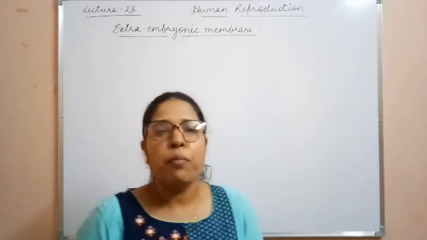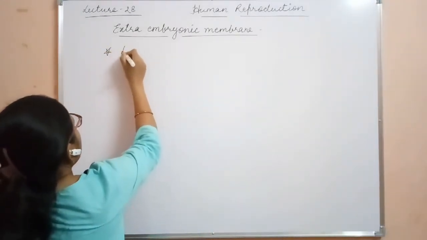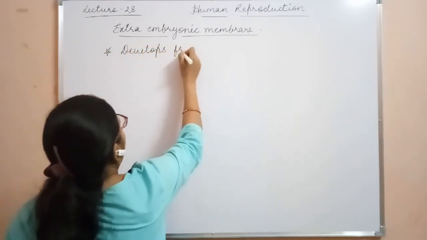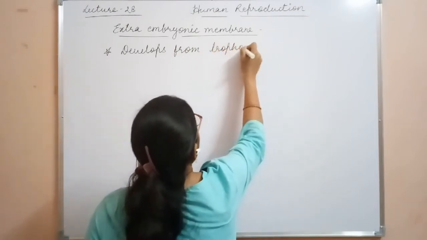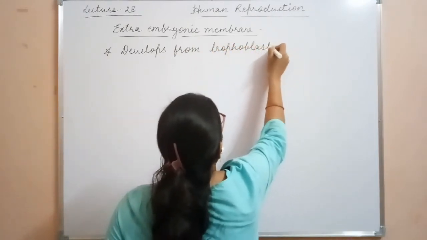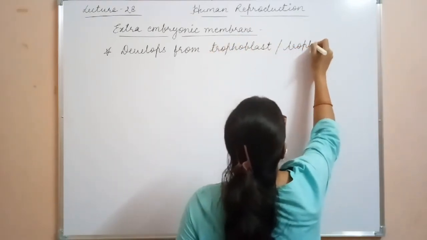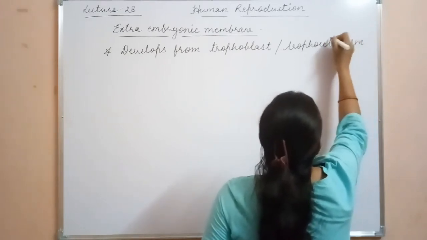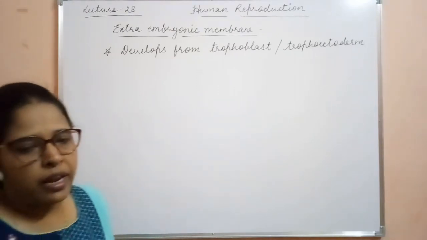These extra embryonic membranes are developed from the trophoblast, or we can say the trophoectoderm. This will give rise to the extra embryonic membrane.